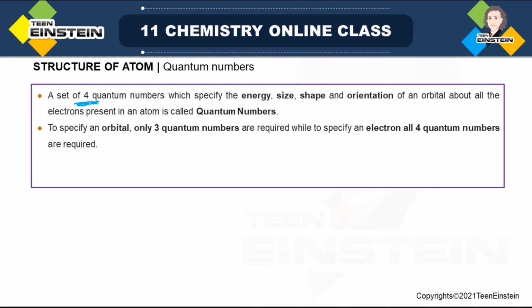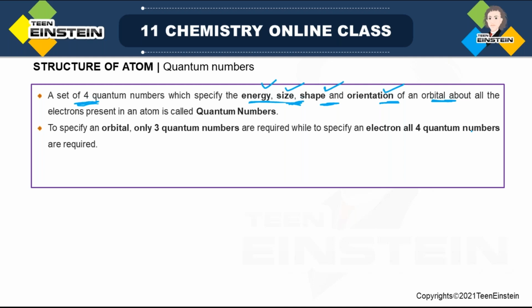These 4 quantum numbers together can specify the energy, size, shape, and orientation of an orbital where the electron is present, for all the electrons present in the system. So this is the definition of quantum numbers. Now energy you can understand, but what are size, shape and orientation?